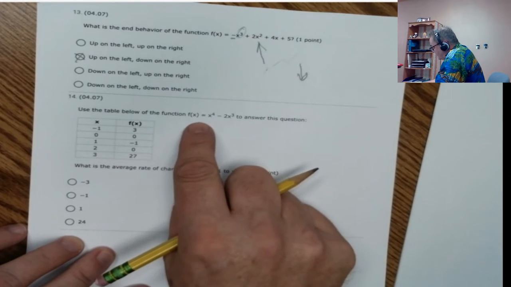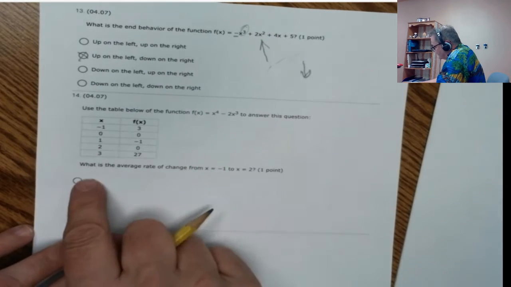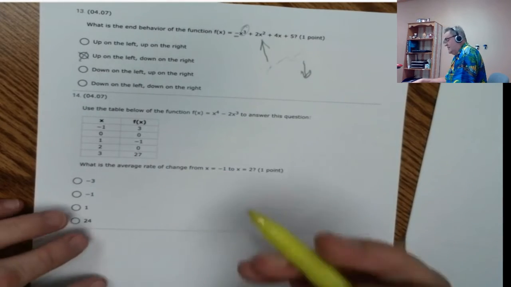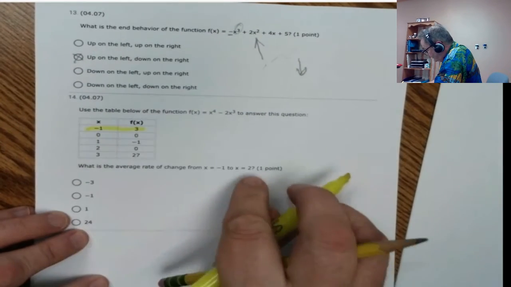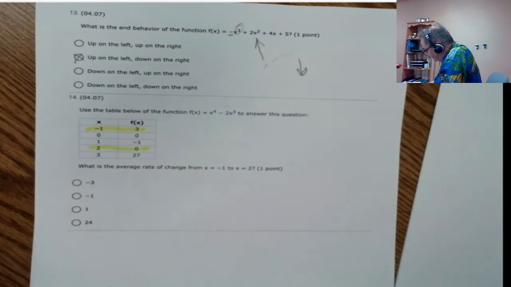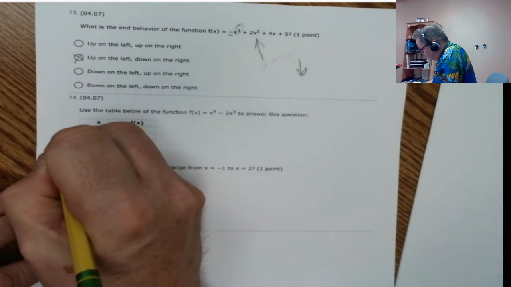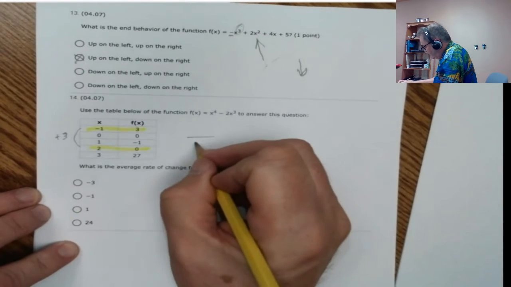Use the table below of the function f of x equals x to the fourth minus 2x to the third to answer this question. What's the average rate of change from x equals negative 1 to x equals 2? So when x equals negative 1 to x equals 2, all right, so how much does it change over here? This changes positive 3, right?